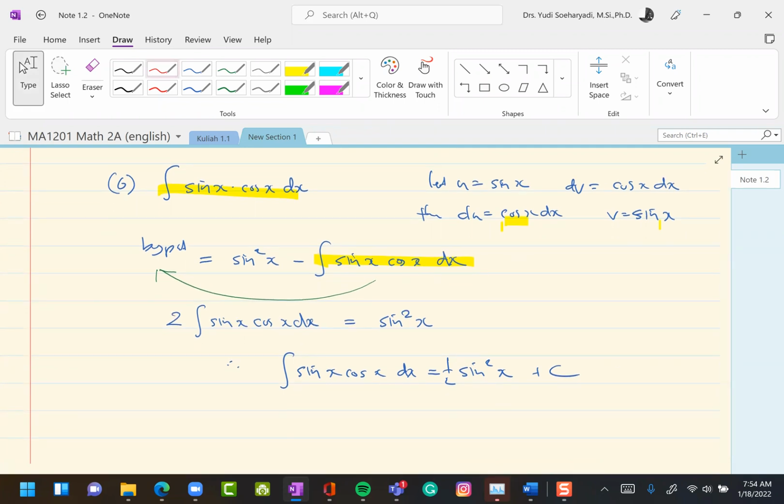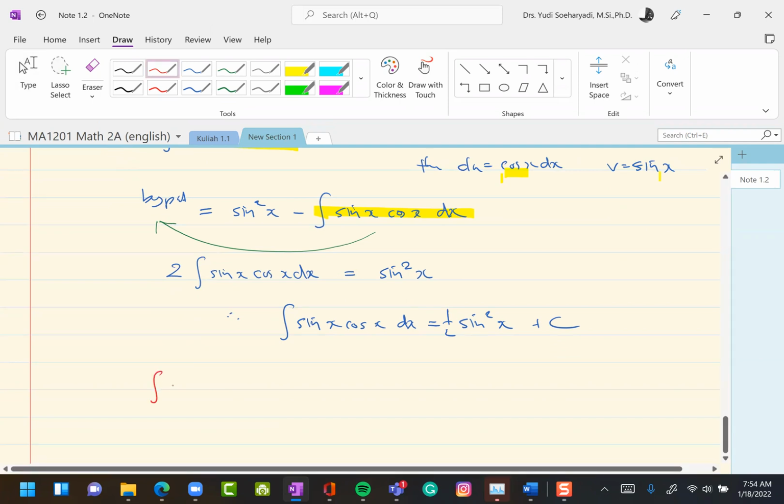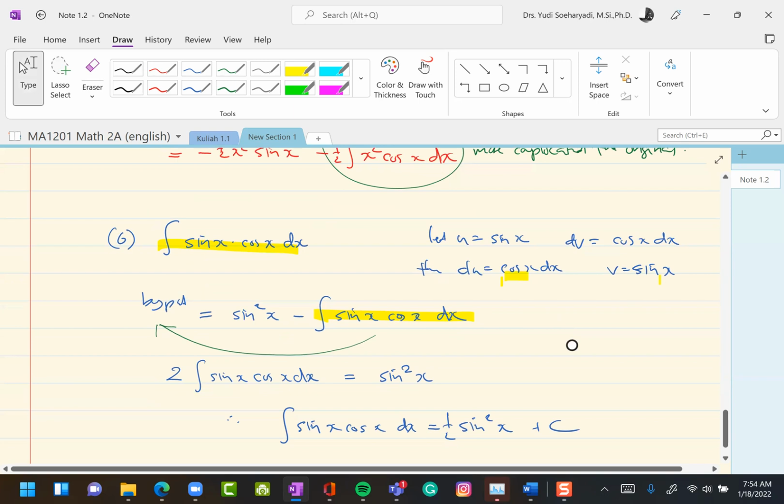So let's do another thing, still the same problem. You might wonder why I choose sine x, not cosine, as u.